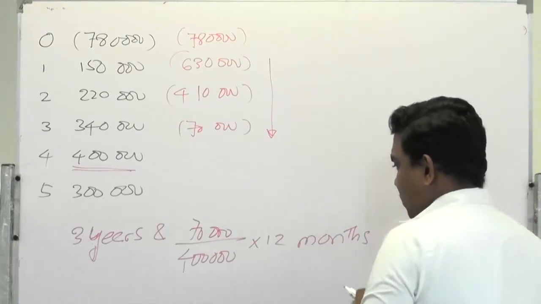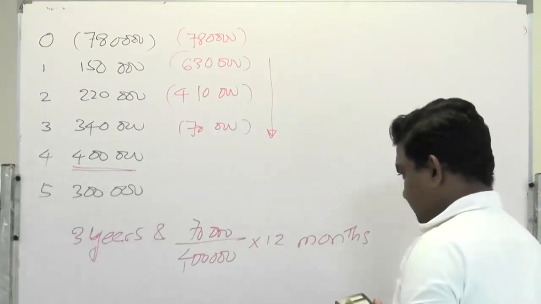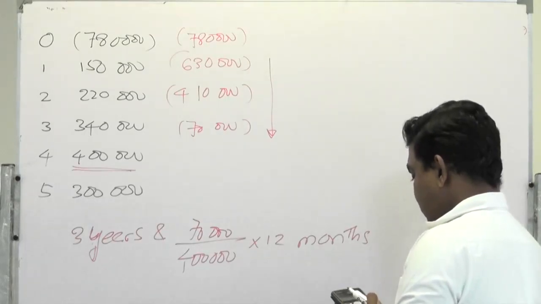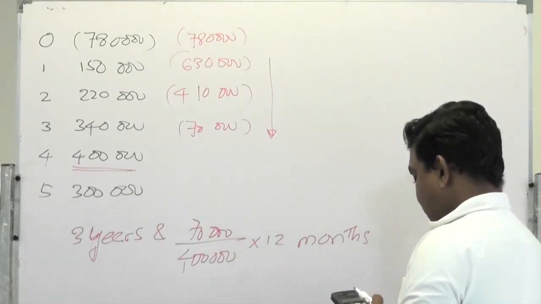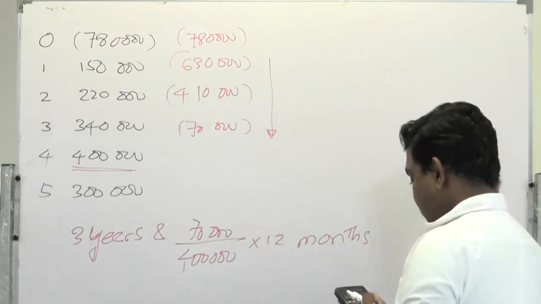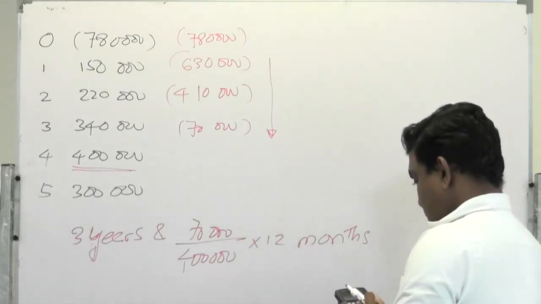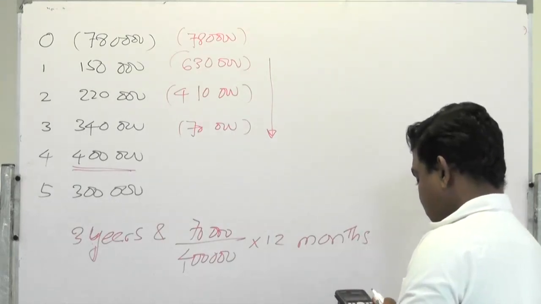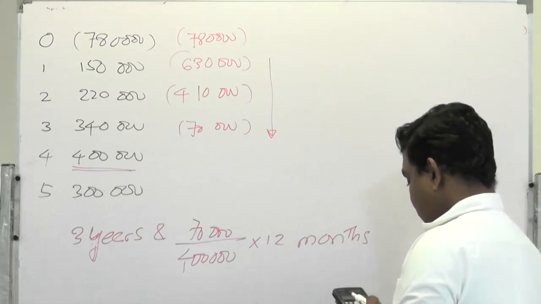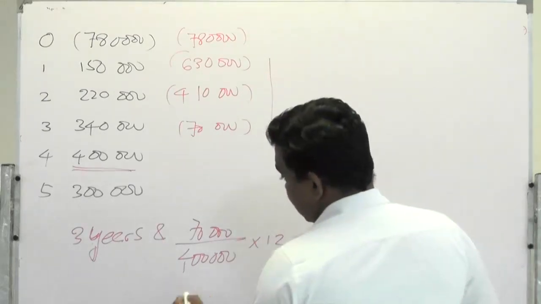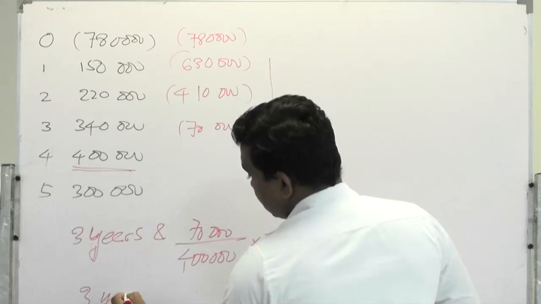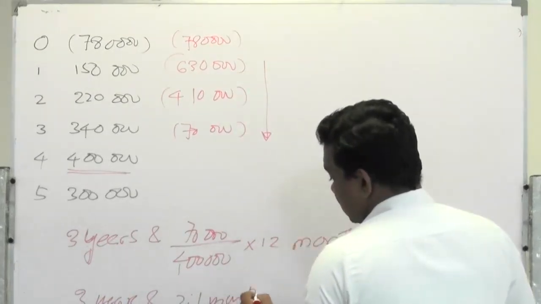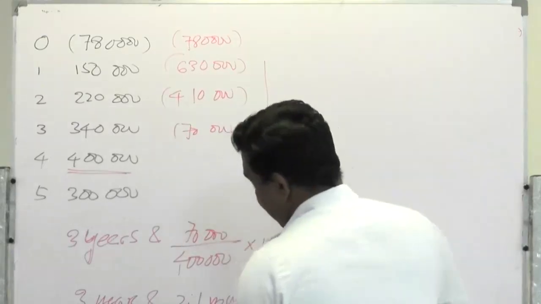Then you can see the number of months required, right? 70,000 divided by 400,000 multiplied by 12 months is 2.1 months. Therefore, 3 years and 2.1 months required. This is the payback period.